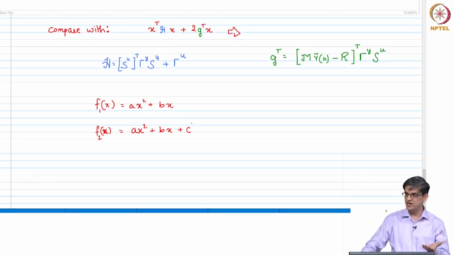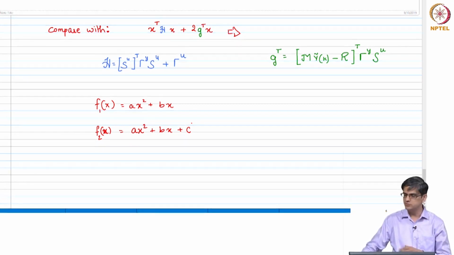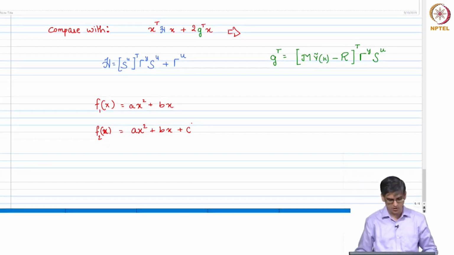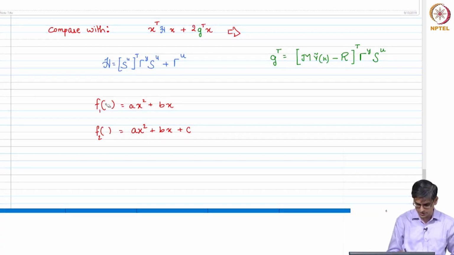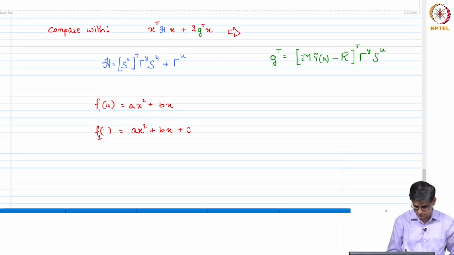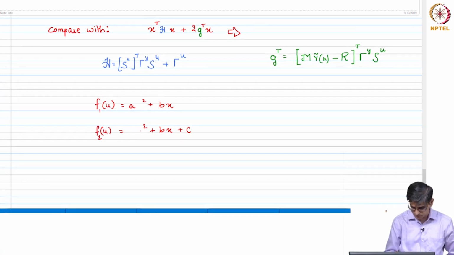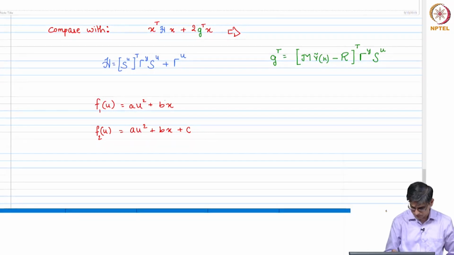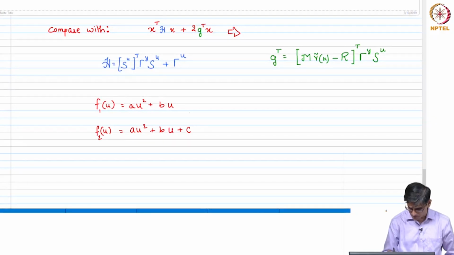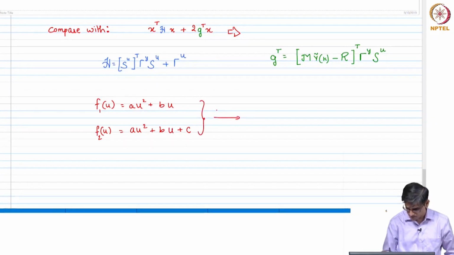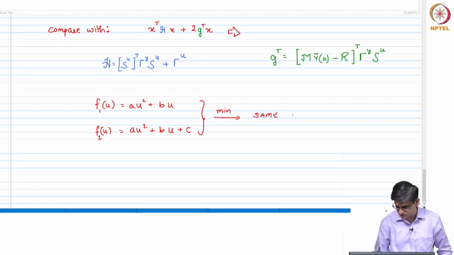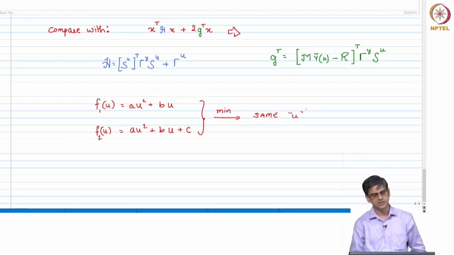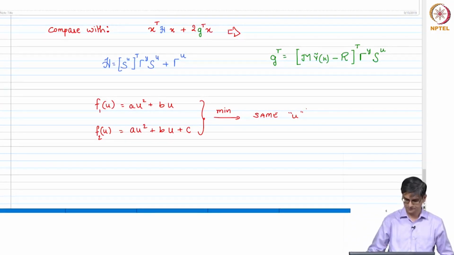C matters for the value of f, but in this problem formulation we are not interested in the value of f, we are only interested in the value of x, or more appropriately I should have said u. Under the min operation, the constant does not matter, and that is the reason why we are ignoring it.